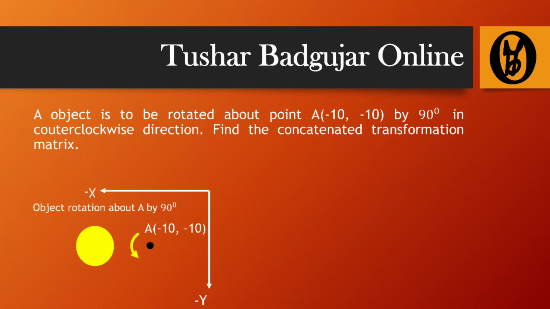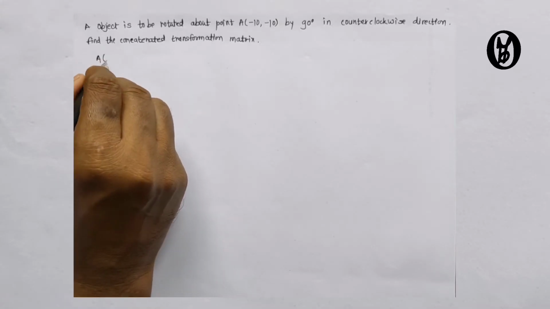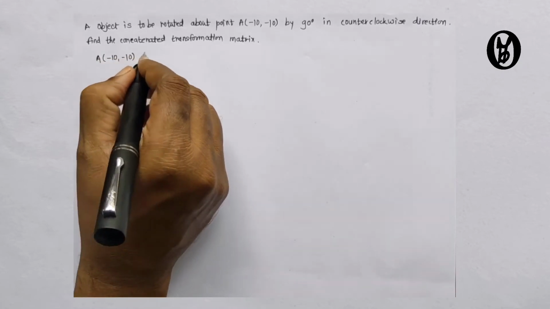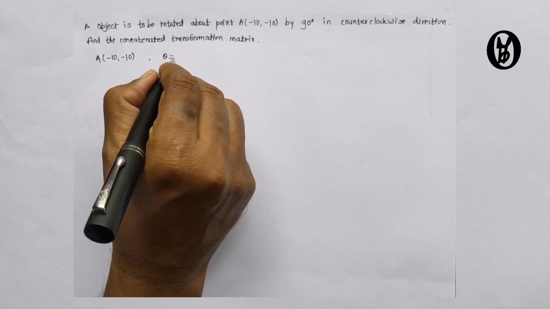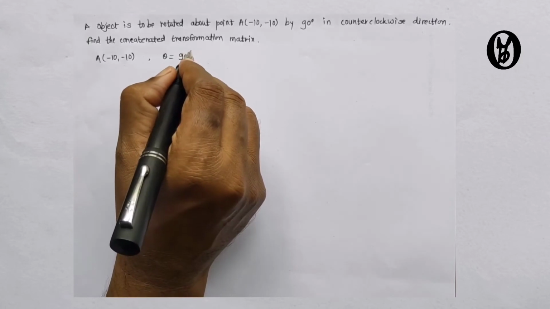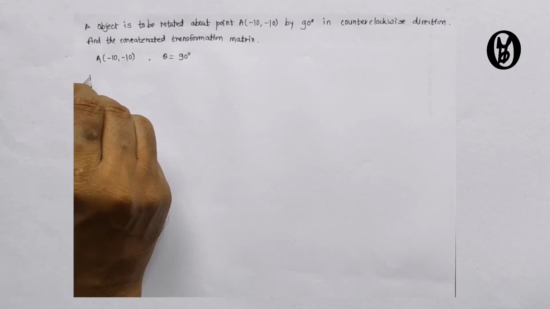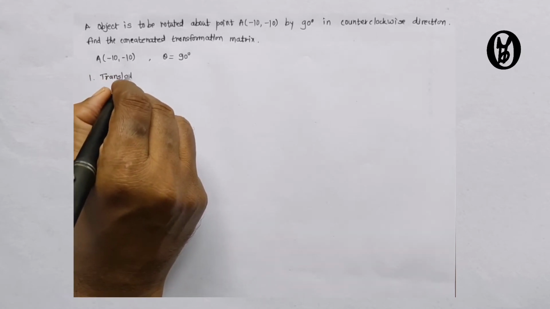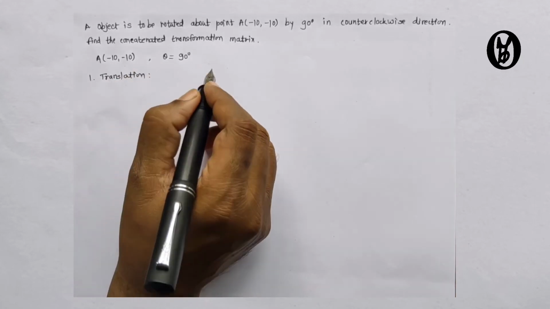So, we can write the given data for this numerical. Point A with coordinates -10, -10, theta 90 degrees. In the first step we will write the translation to bring point A to the origin.